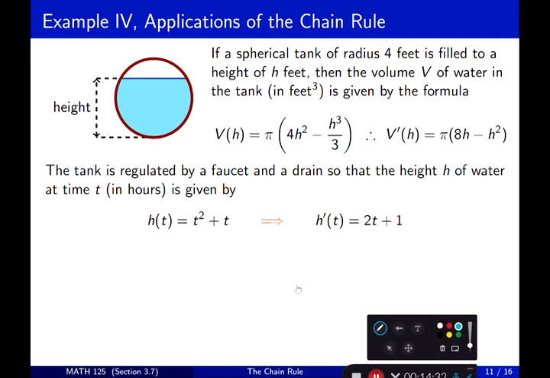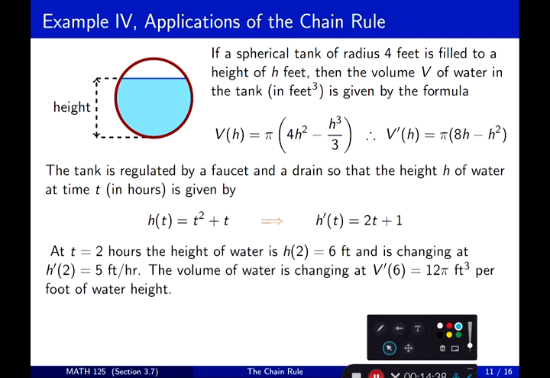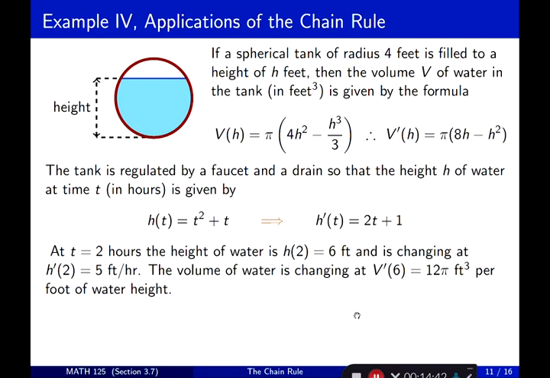And so let's say that the t is given, and I can find h'(2), I can find h(2), and then I can find the volume of water changing.